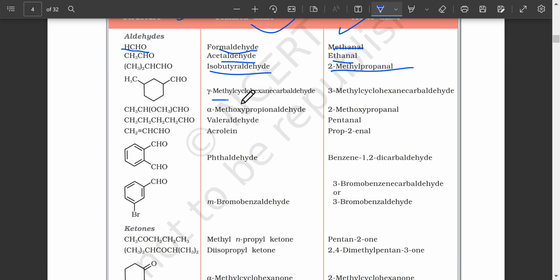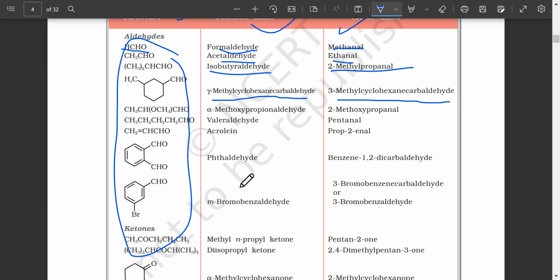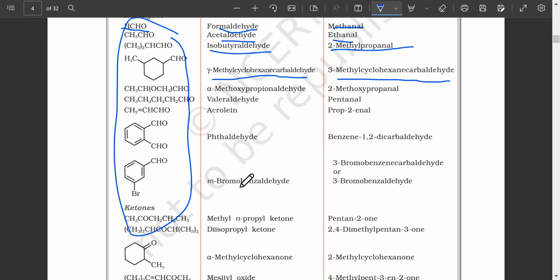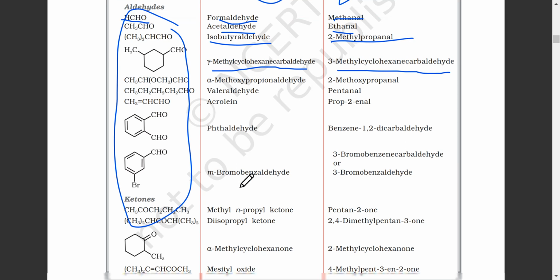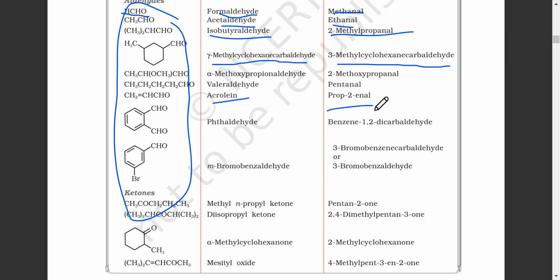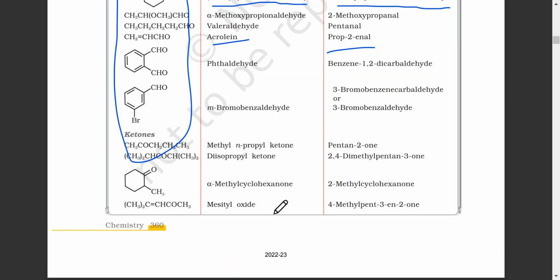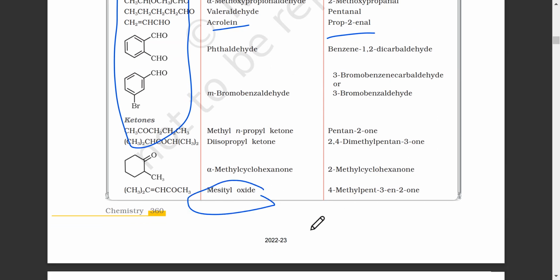So gamma-methylcyclohexane carbaldehyde, again 3-methylcyclohexane carbaldehyde. Once you take your pen and actually do these examples, I think it's way too easy. Just reading them won't work. Then acrolein, propanol, and similarly mesityl oxide, right? Mesitylene will be going through again in a few lectures.